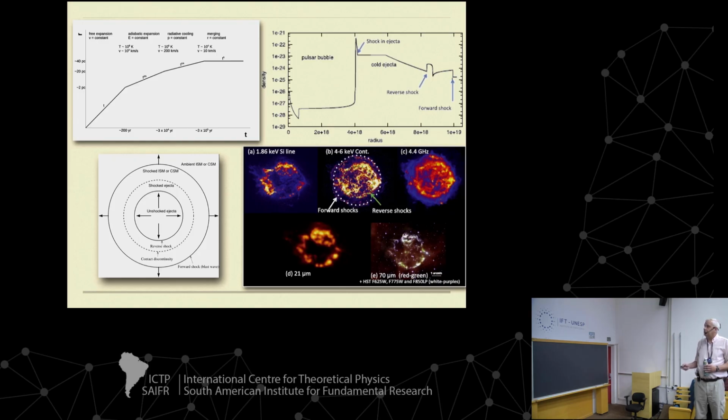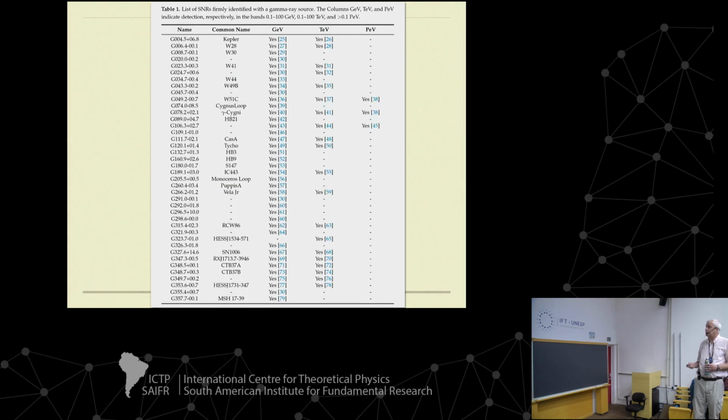And here you have a microwave image of a shell-type supernova remnant, the same one. And here you have another sub-millimeter image. So you see the morphology can be quite different depending on the wavelength that you are using to observe the remnant. Okay.